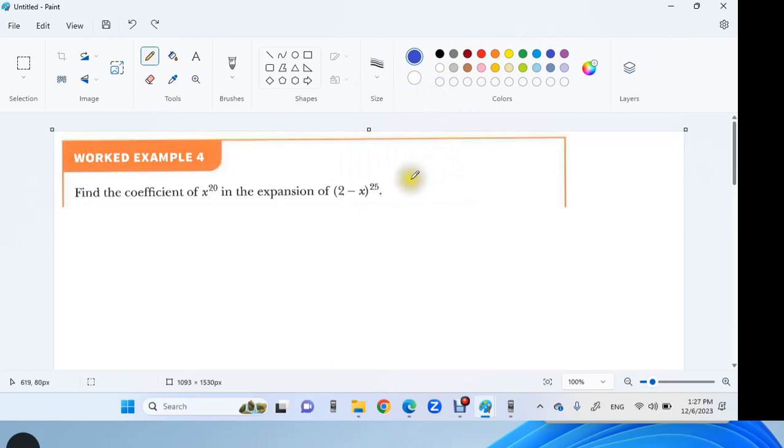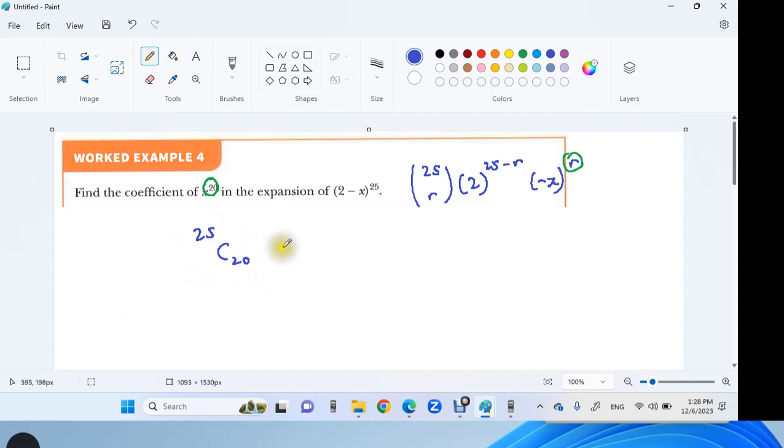Okay, we have this one, we have the 25Cr, and then 2 to the power of 25 minus r, and negative x to the power of r. So we can see that this is 20. So the r is actually 20.